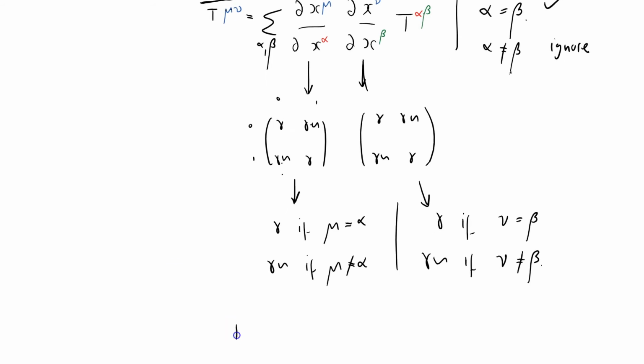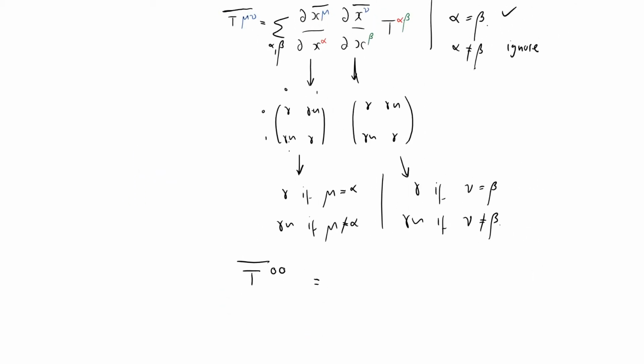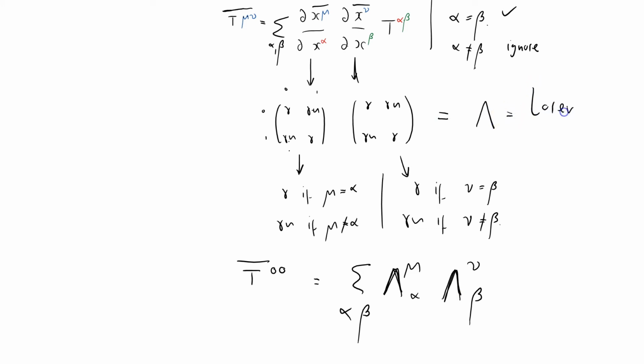Let's try evaluating T bar 0, 0 equals the sum over alpha and beta. I'm just going to write it out as a mu and an alpha, mu and beta. This notation here is almost universally used for that matrix there, where gamma equals the Lorentz transform.